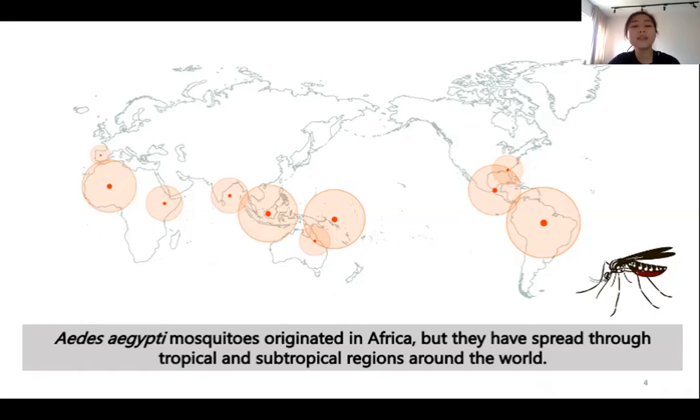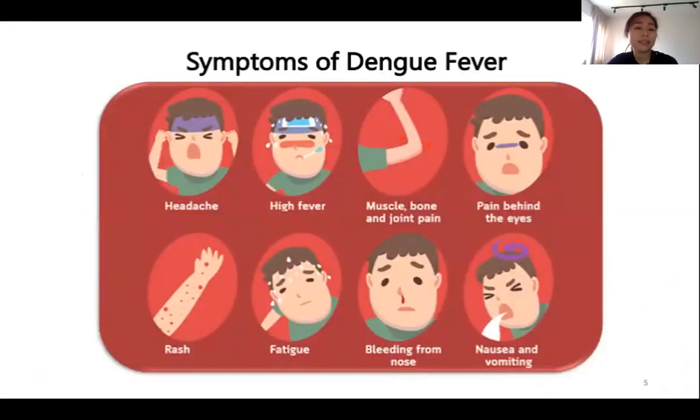Now, let's look at the symptoms of dengue fever. If you observe continuous fever, severe headache with pain behind the eyes, joint and muscle pain, skin rash, nausea, vomiting, or mild bleeding in the gums or the nose, they are suggestive of dengue.